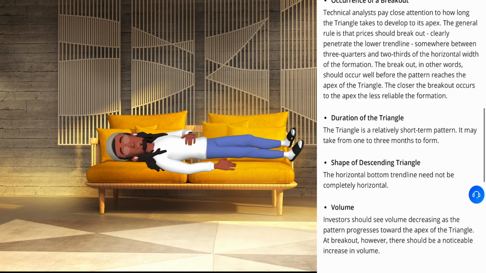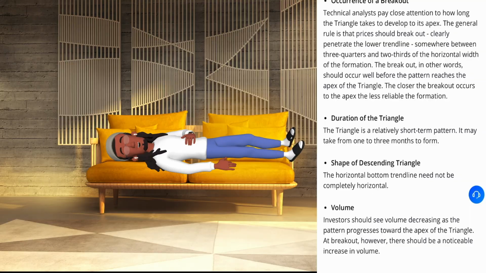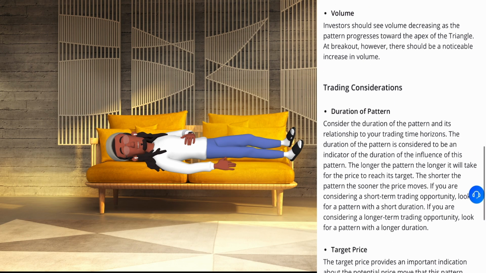If you're thinking about a 200 period moving average, if you're thinking about 1 to 3 months, what would 1 to 3 months look like on a 2-minute time frame? How many candles is that? So think about that when you're trying to adjust the information you're reading to the chart that you're trading.